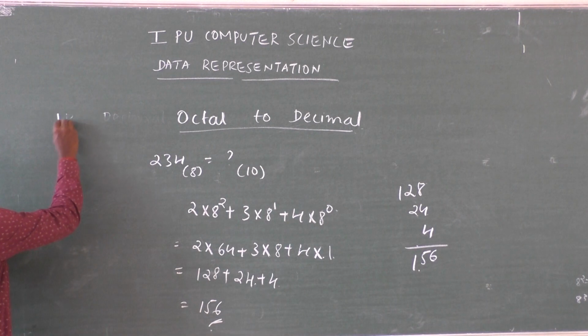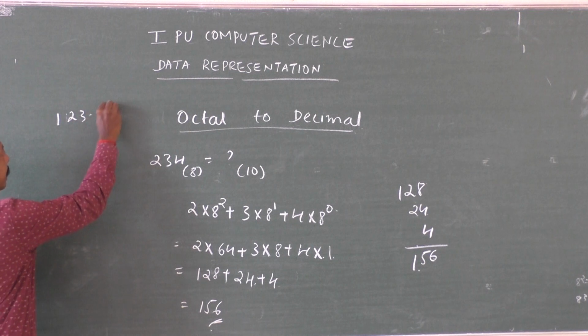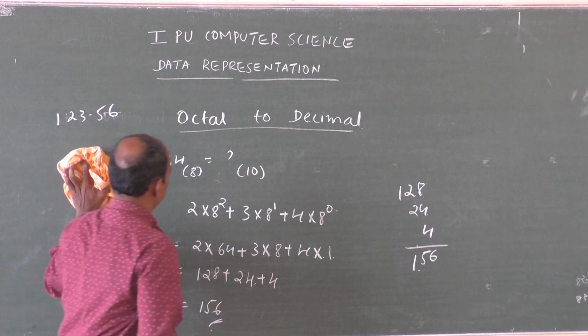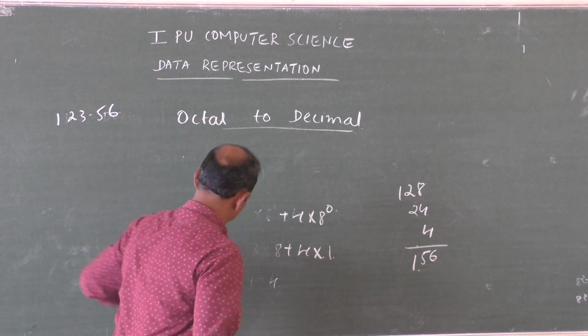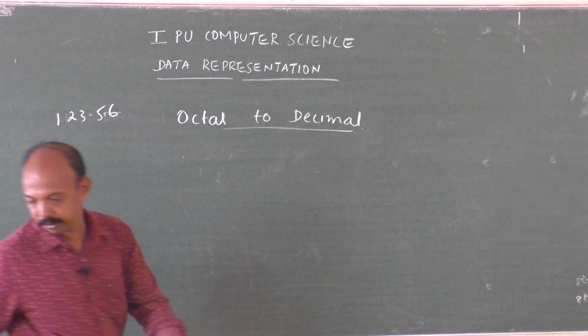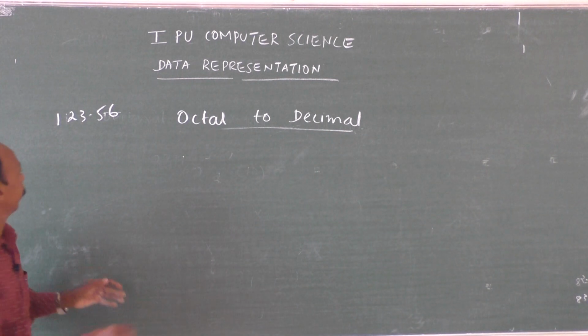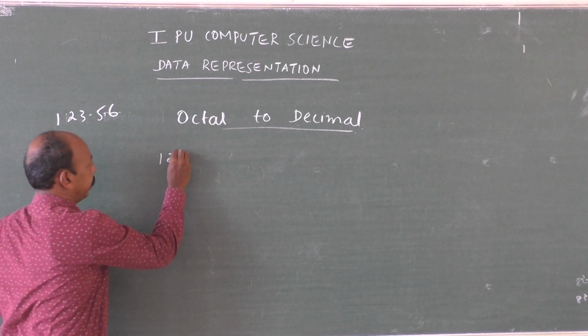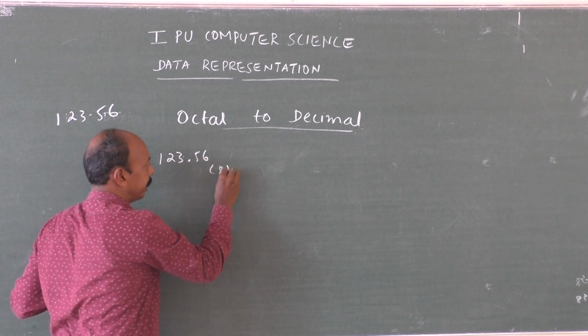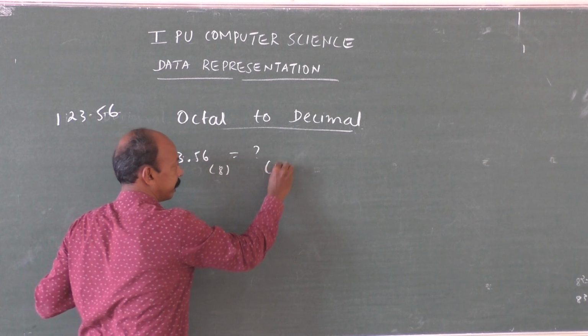Suppose we have 123.56. This is, say, 123.56 to the base 8, how much is it to the base 10?